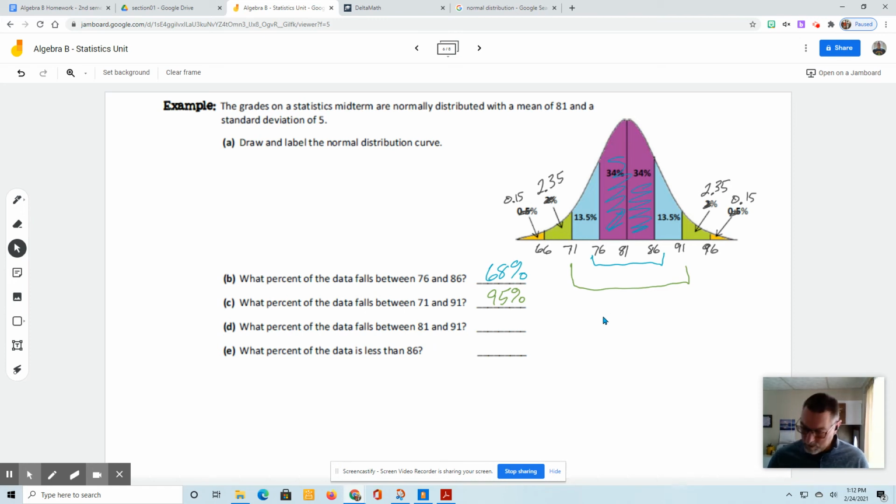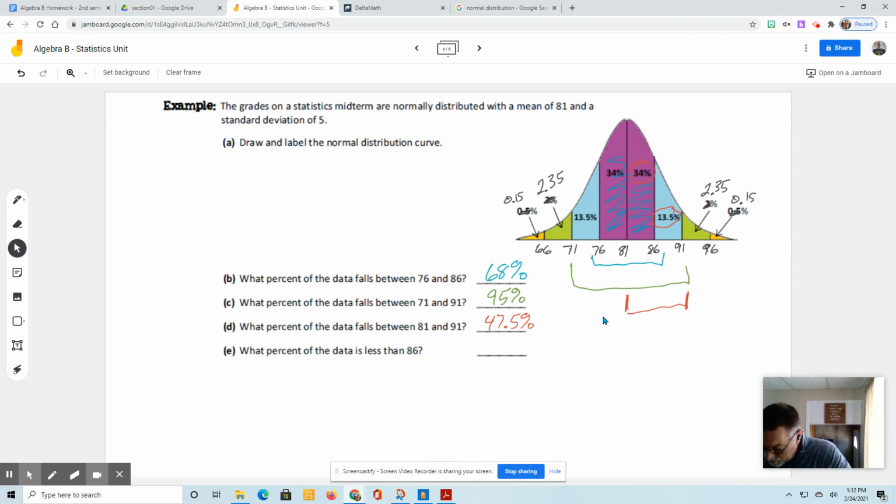All right, so we're talking from here 81, over here 91. So we've got 34% here plus 13.5% would be 47.5%. So that's one above and two above the mean, right?